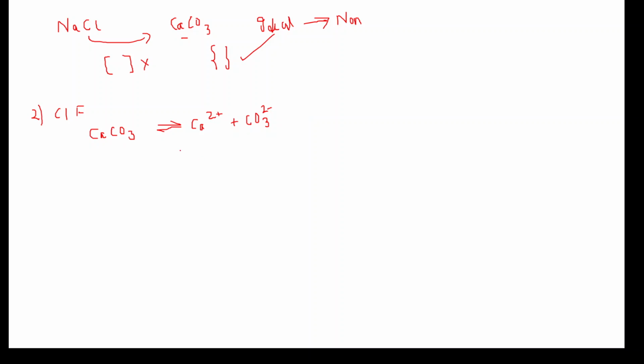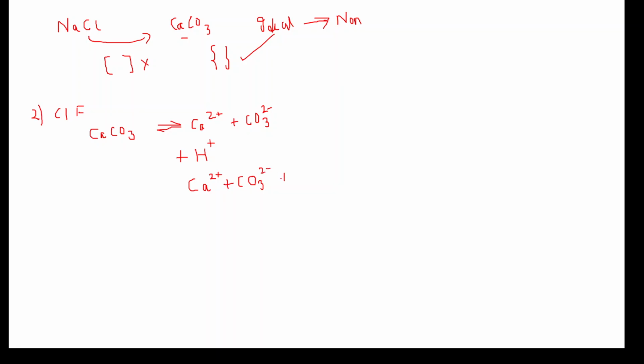Let's say we are adding some HCl, any acid, it will give H plus, right? So what are the different products that will be formed? It will be Ca 2 plus and CO3 2 negative, because CaCO3 is there, so obviously this will be formed.